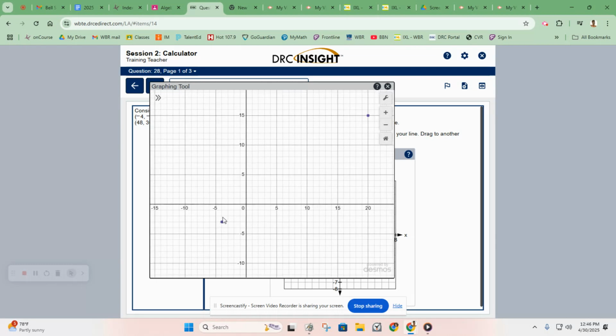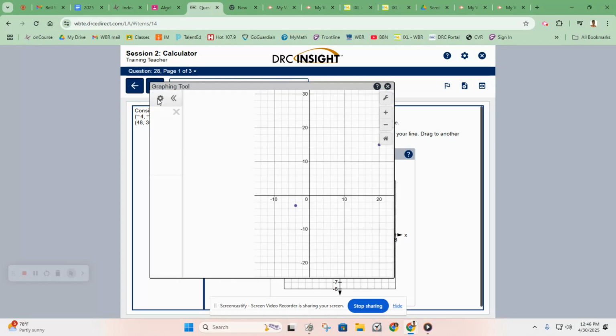So I'm going to go up 1, 2, 3, plus 5 more, which is 8, plus 5 more, which is 13, plus 5 more, which is 18. So my rise is 18, and my run is going to go from the -4 all the way over to the 20. So that means it goes 4 plus 20 more.